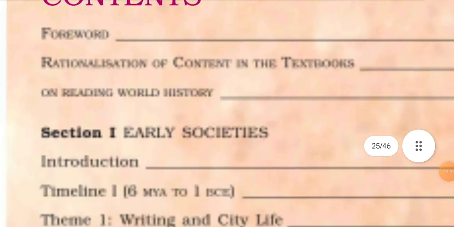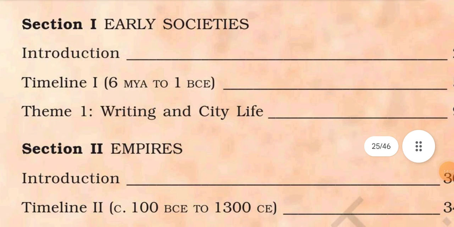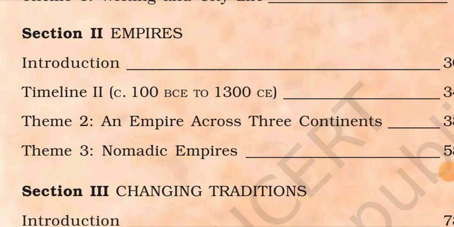Contents. Foreword. Rationalization of content in the textbooks on World History. Section 1, Early Societies. Introduction. Timeline 1, 6 MYA to 1 BCE. Theme 1, Writing and City Life. Section 2, Empires. Introduction. Timeline 2, c. 100 BCE to 1300 CE. Theme 2, An Empire Across Three Continents. Theme 3, Nomadic Empires.